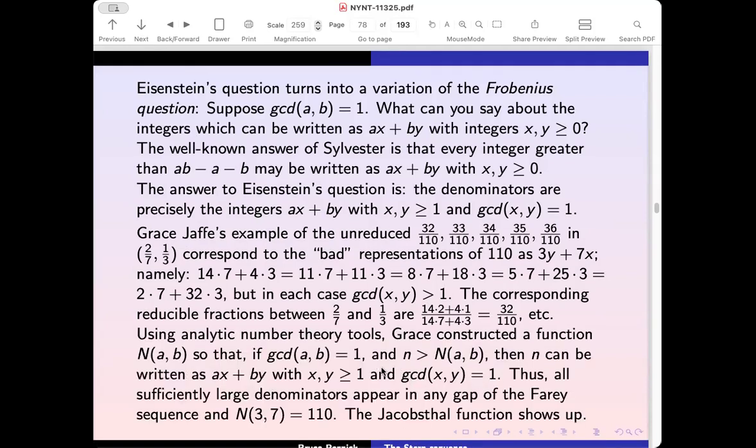She constructed a function n of a b so that if GCD of a b is 1 and n is bigger than n of a b, then n can be written as ax plus by with x and y greater than or equal to 1 and GCD equal to 1. And for the people who know about it, the Jacobsthal function shows up in her work. So that answers that question.